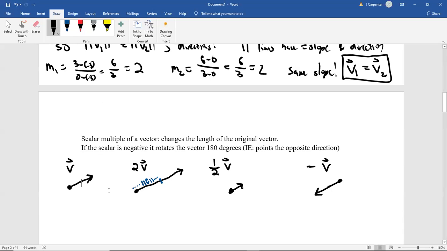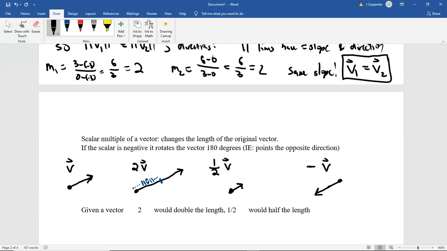So again, some of the things I said out loud that I'm demonstrating with these images: given a vector, leave some space for me to write the v afterwards, 2 times that vector, double the length, 1/2 times that vector would half the length.